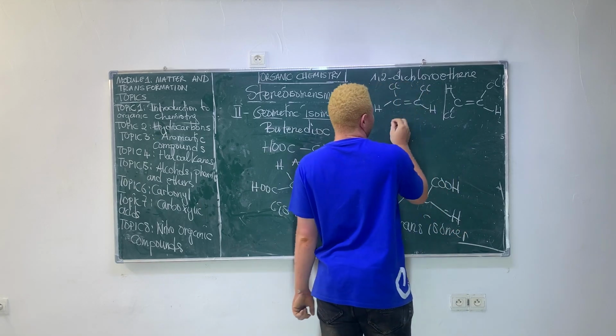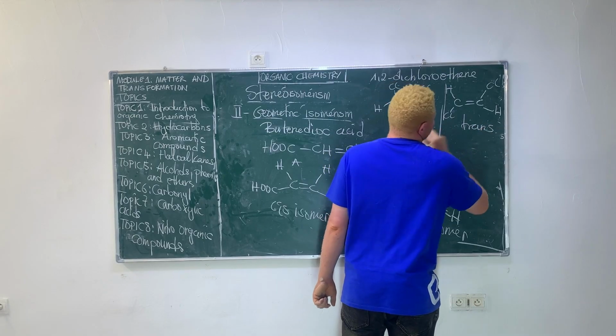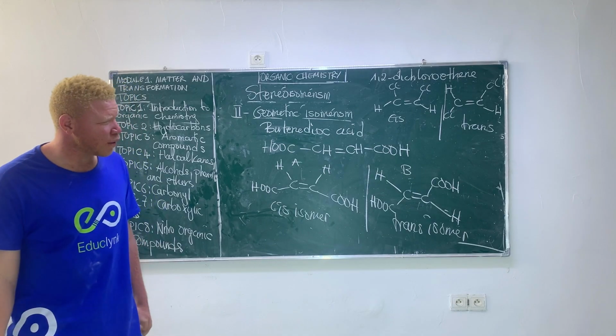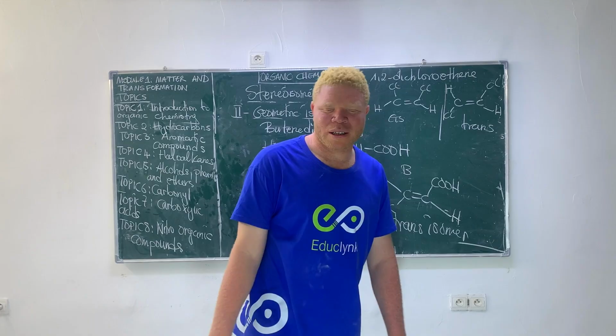This means together, so you map cis, the cis and the trans isomer. So that's all about geometric isomerism.